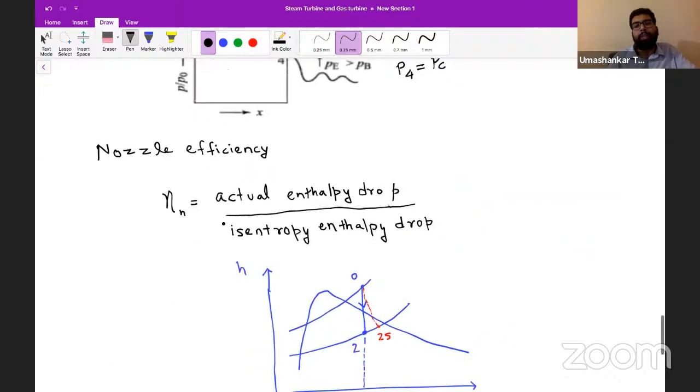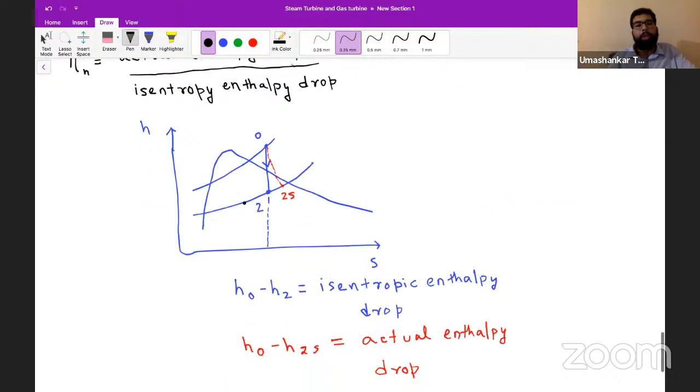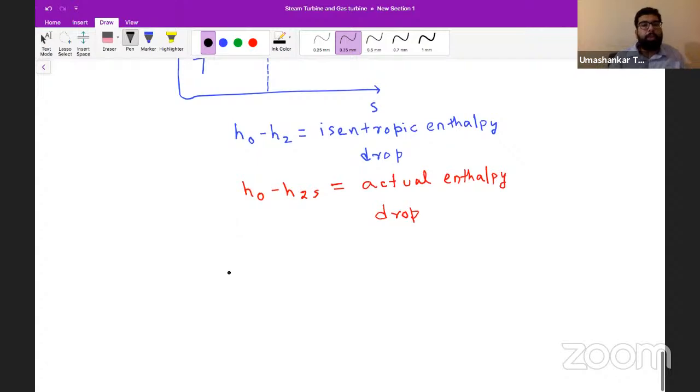So again, doing the same thing, if between 0 and 2 I apply the steady flow energy equation, we can write H naught plus V naught square by 2 equals H2 plus V2 square by 2.